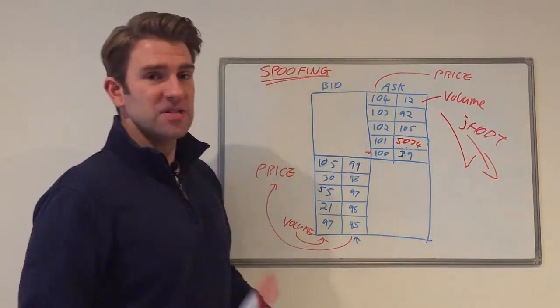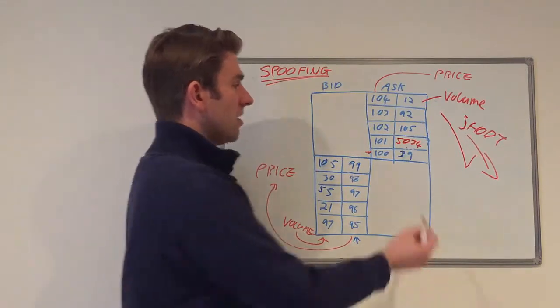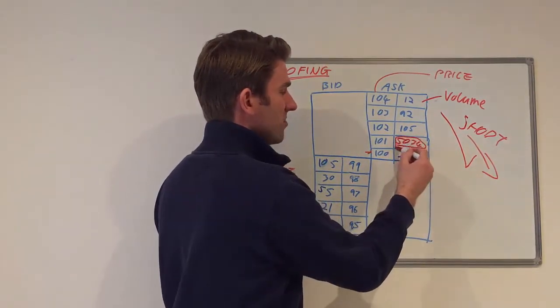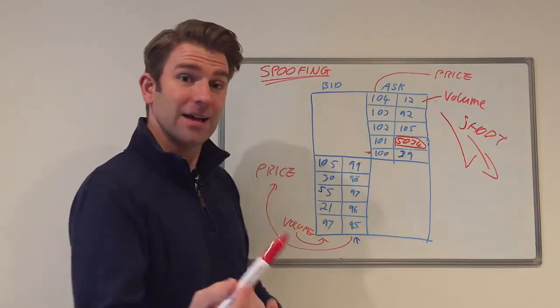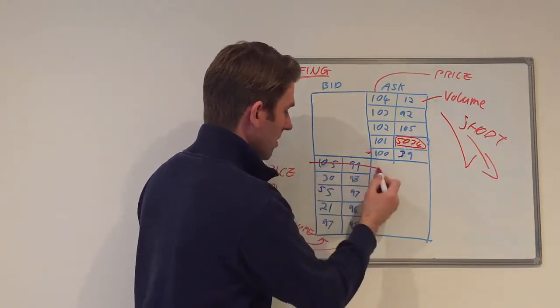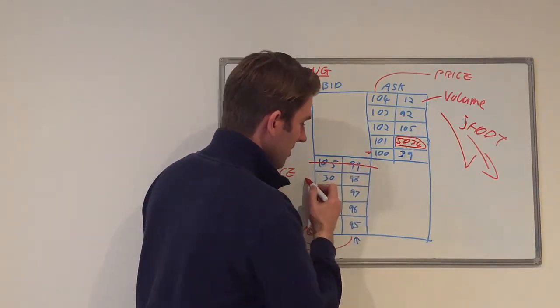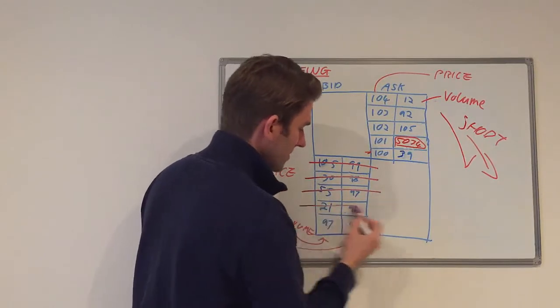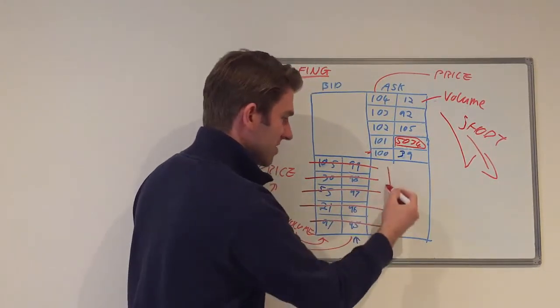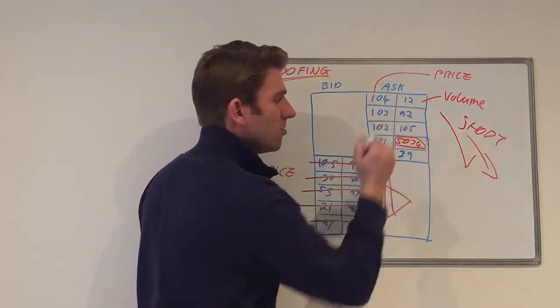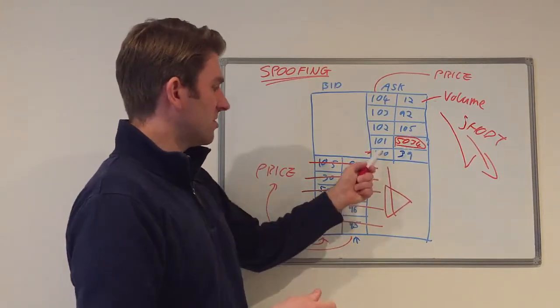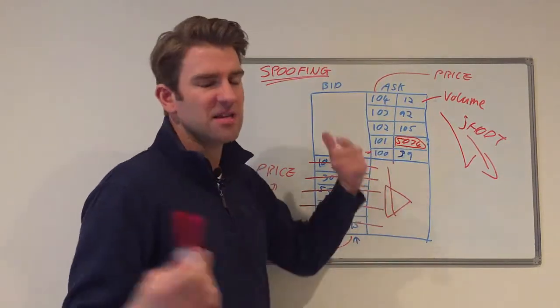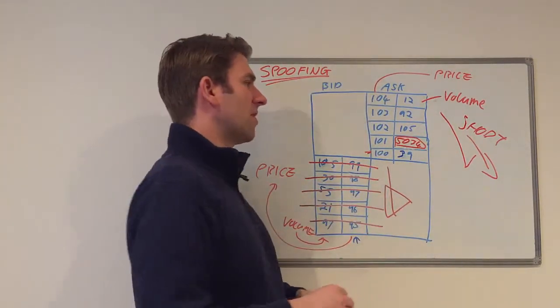And ultimately what happens is the algos and people looking at this say, oh, goodness me, 5,000 at 101. This thing's going to tank. They then come in, they sell the 105, they sell the 99, they sell the 98, they sell the 97, 96, 95, and drag the whole thing lower. He then pulls that order and says, thanks very much. The market is now 5 ticks lower or 10 ticks, whatever it may be, lower than it was before I got involved.